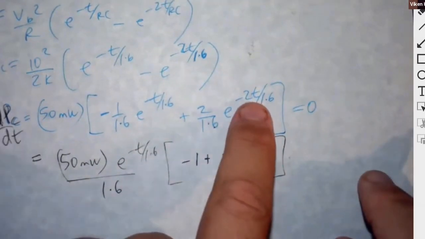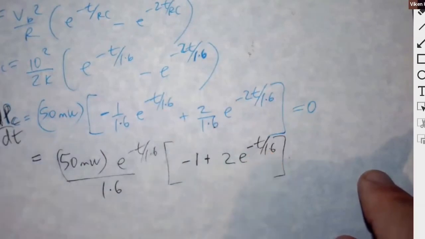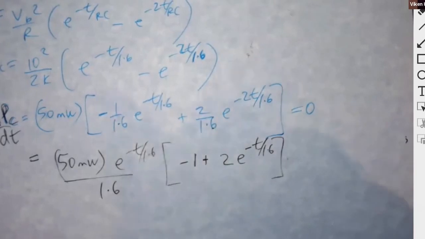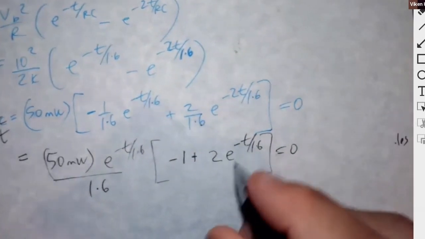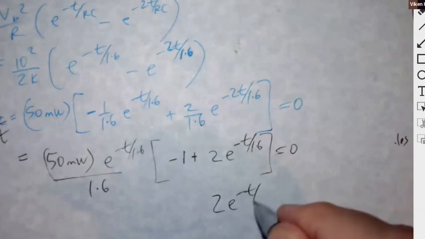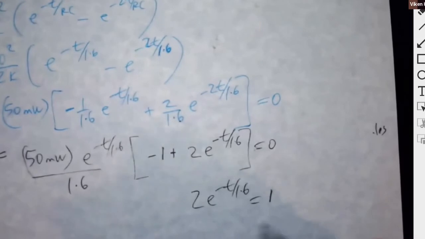Because I'm factoring out the t, so then we're just left with one of them. Right? Okay, I think we're good. Then set this equal to 0. So then 2 e to the minus t over 1.6 equals 1. Okay, so then you have e to the negative t over 1.6 equals 1/2. And then t is equal to 1.6 ln of 2.